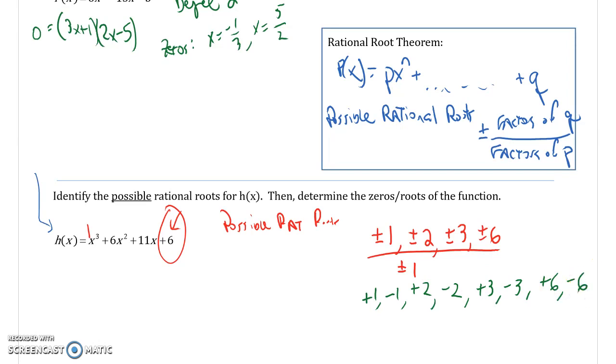Now, why does that help us? Well, if we're going to find a 0, the best way is to use synthetic division. If we can find something that goes in evenly, we will reduce our cubic to a quadratic. And of course, we have lots of ways to find the zeros of a quadratic. We can factor, we can use the quadratic formula, etc.